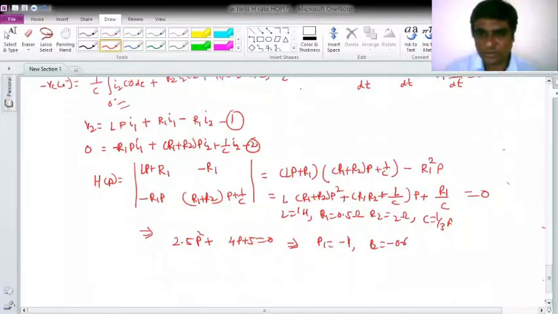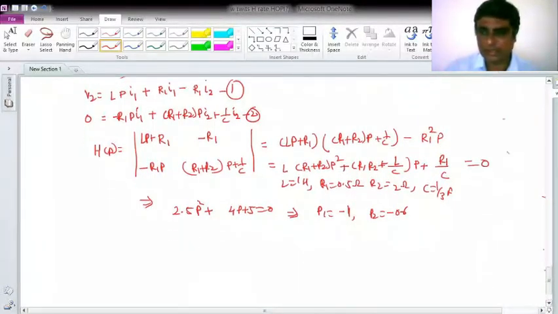Now I know the roots, so I can directly write the solution. Because it consists of excitation and forcing function also, there will be a complementary as well as a particular solution.